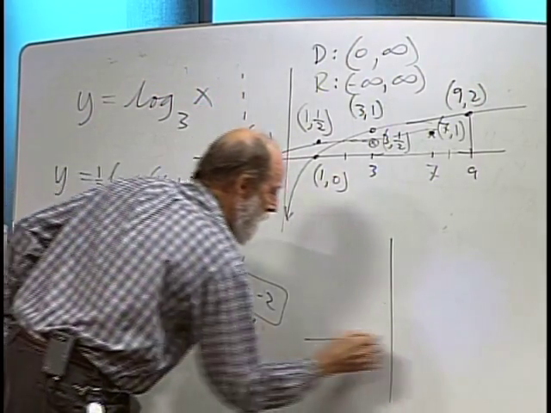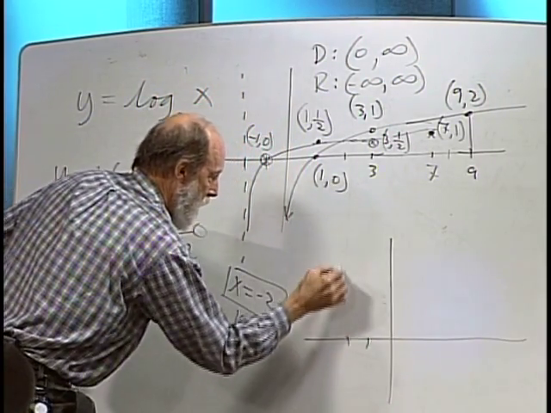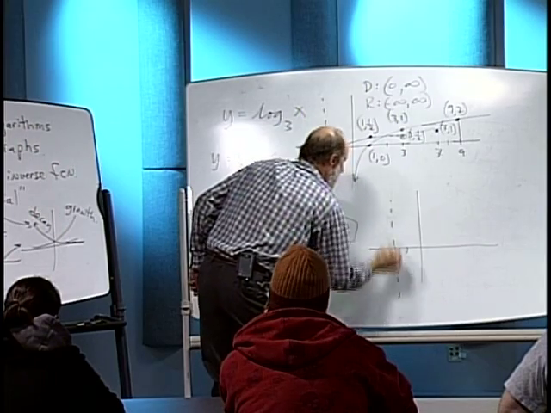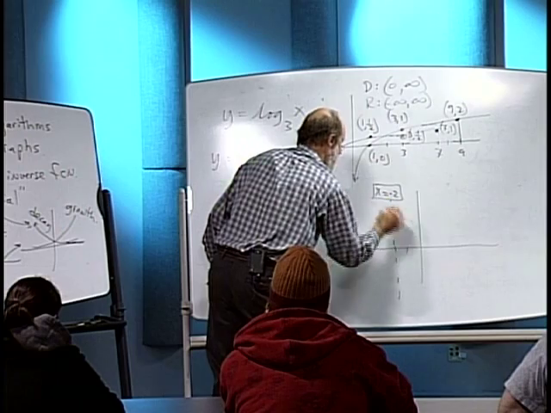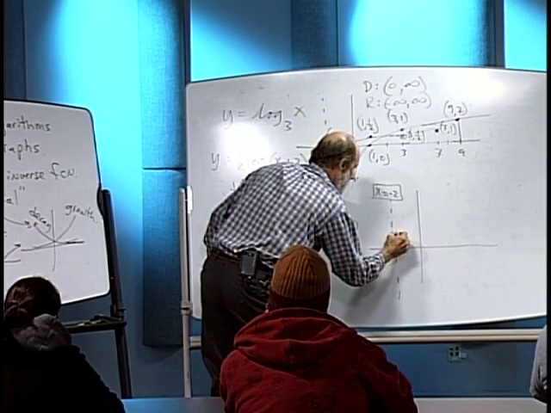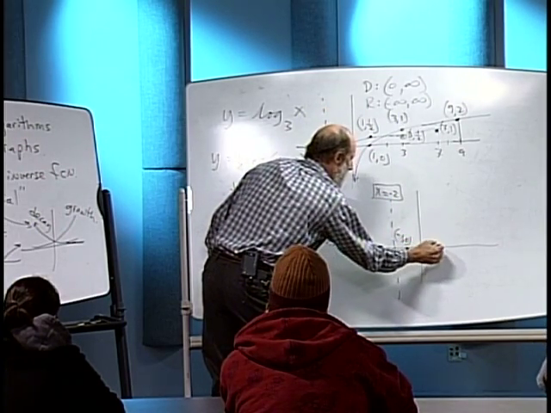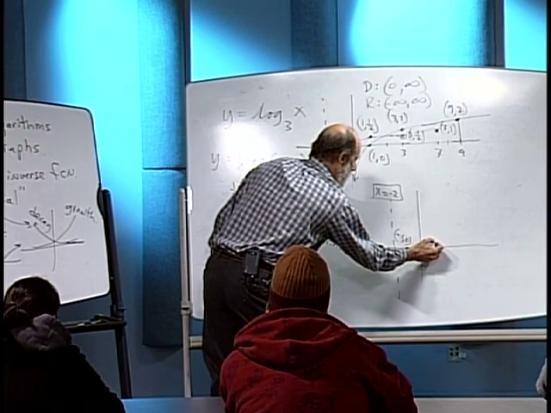So the final picture here, we would want to fairly neatly draw it. It would be like this, x equals -2. And it would go through this point, and it would go through 1 and 1/2.